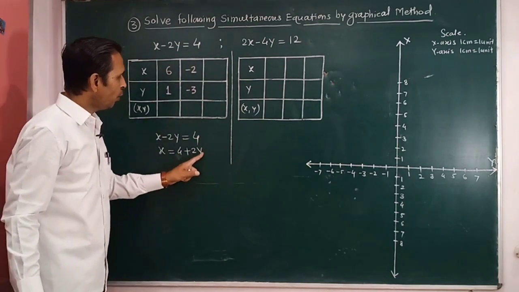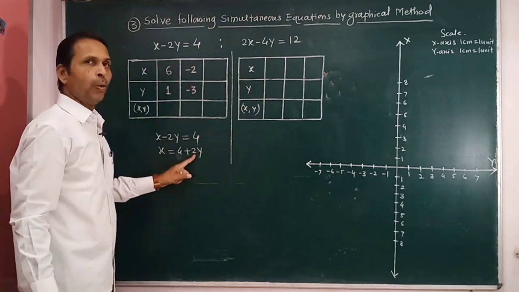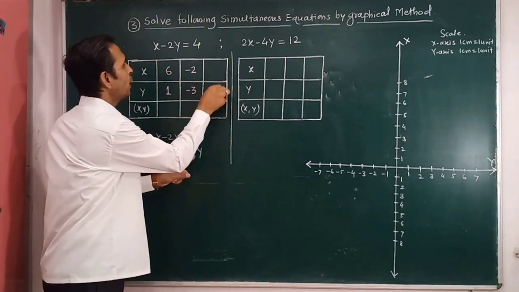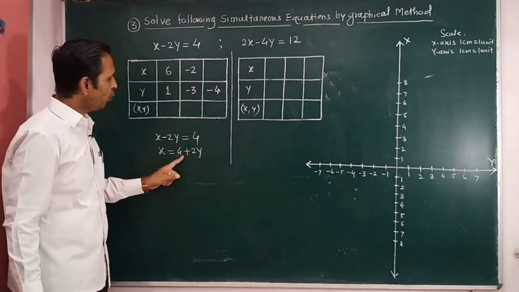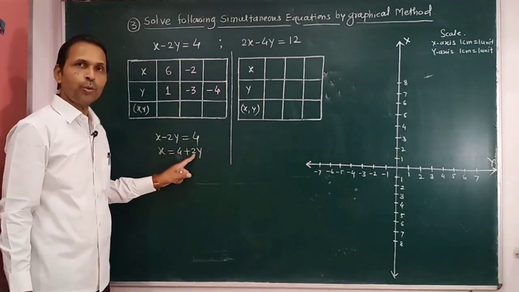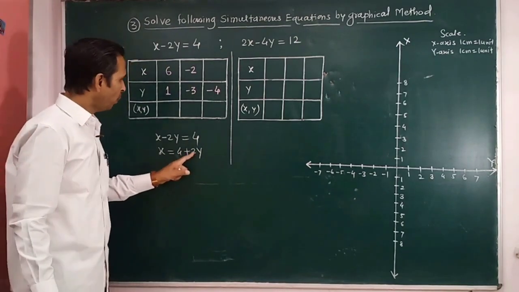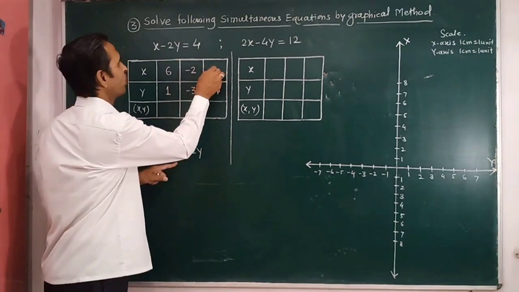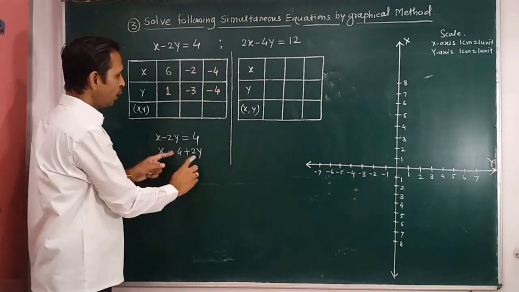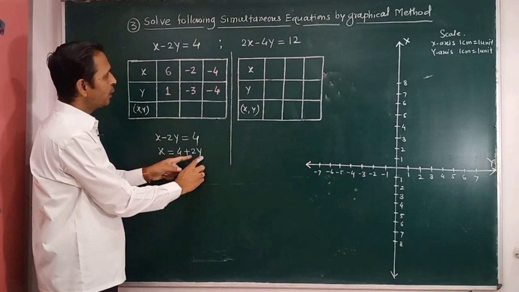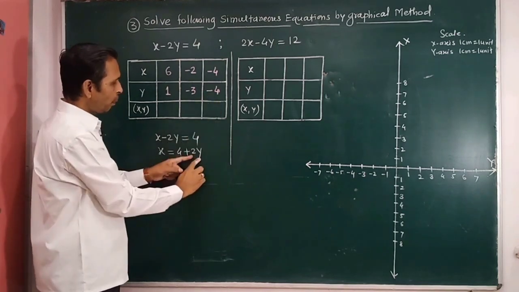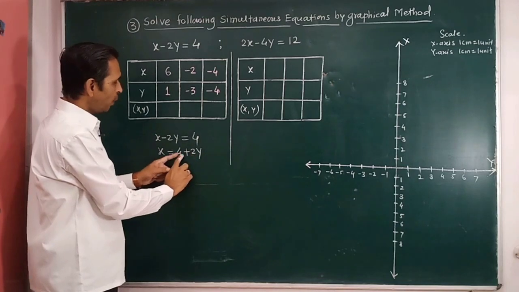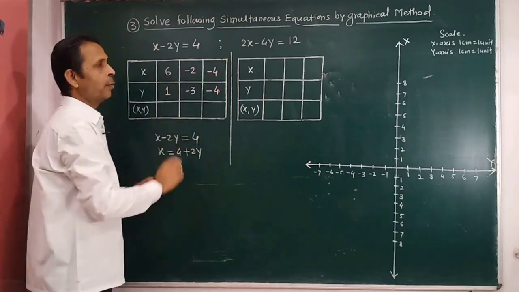Again take the value of y as minus 4. Then what is the value of x? Minus 4 into 2 is minus 8, and minus 8 plus 4 means minus 4.